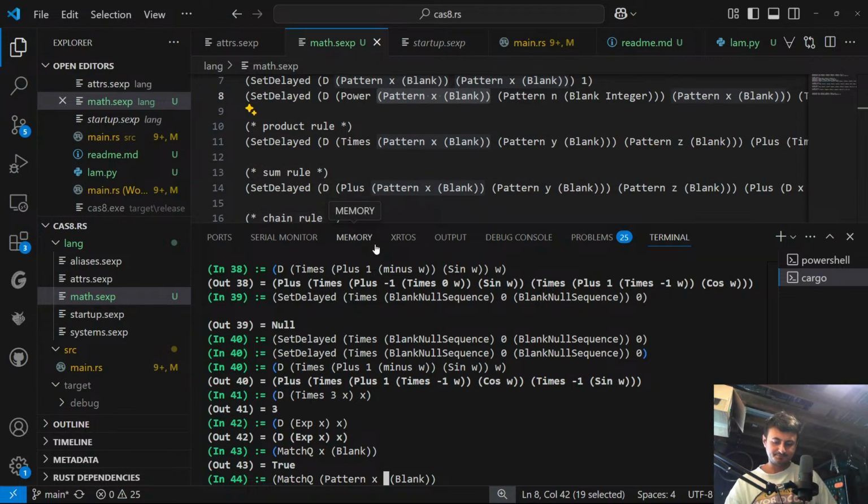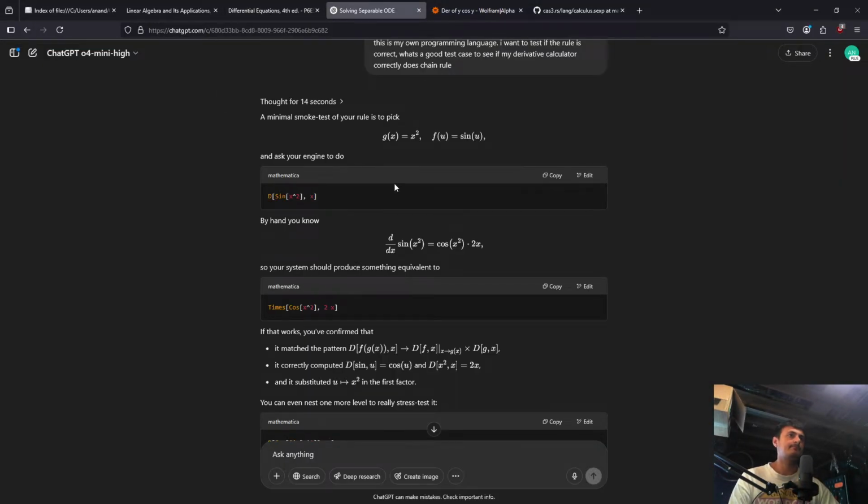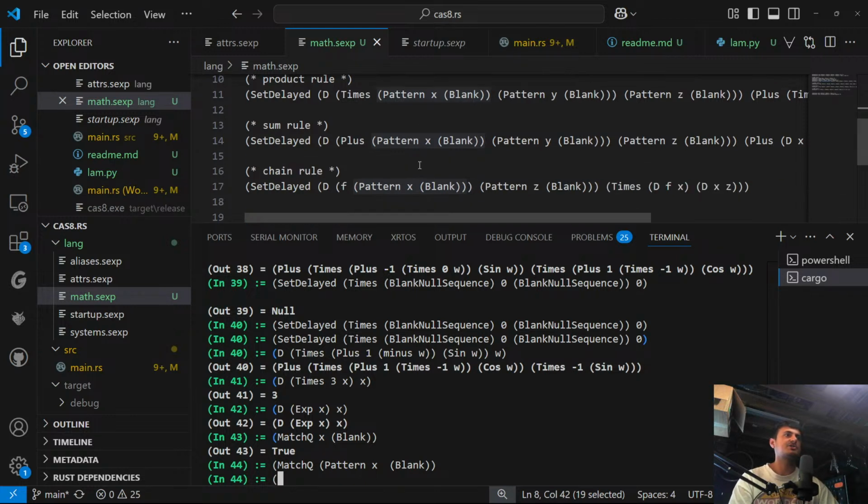I want to test if, in an expr, basically... all right, yeah, let's see if that works. All right, so we got the chain rule, right?